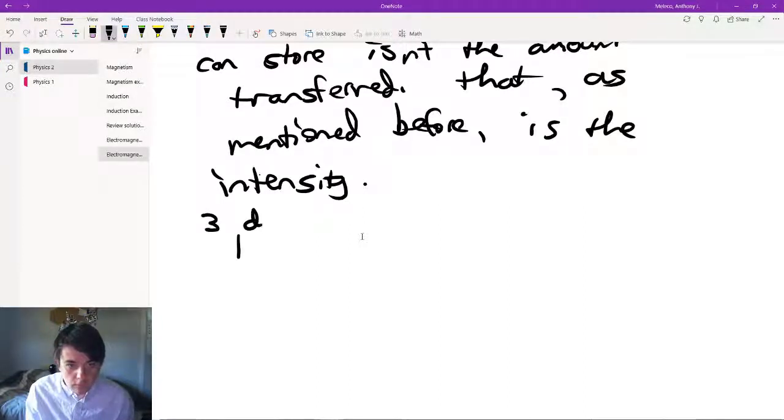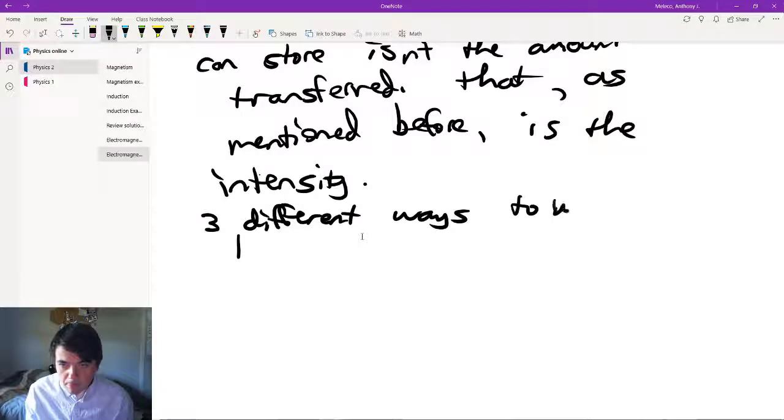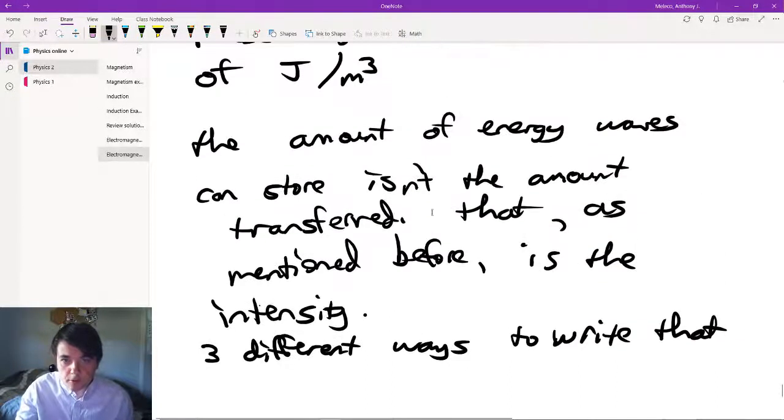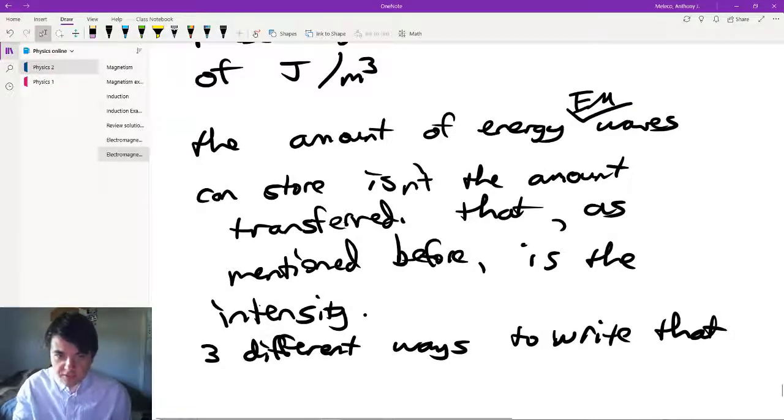So the amount of energy EM waves can store isn't the amount transferred.